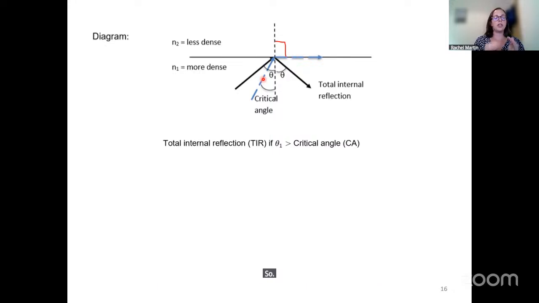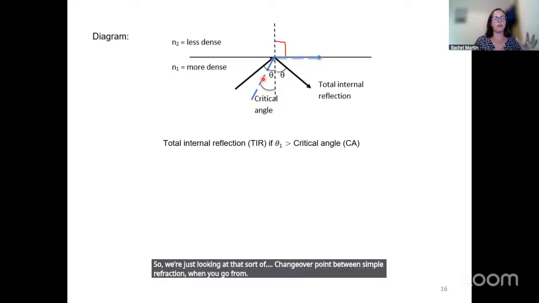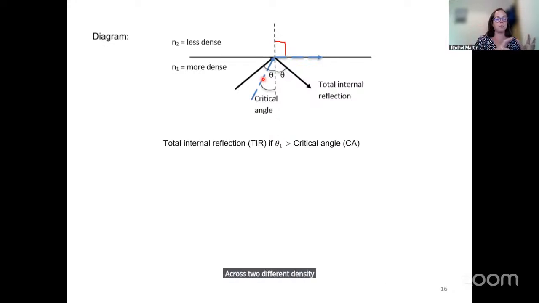So we're just looking at that changeover point between simple refraction, when you go across two different density mediums in terms of your light ray, compared to that moment where we move into total internal reflection at any angles of incidence greater than the critical angle.